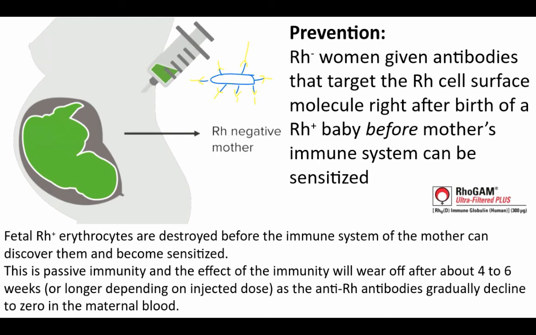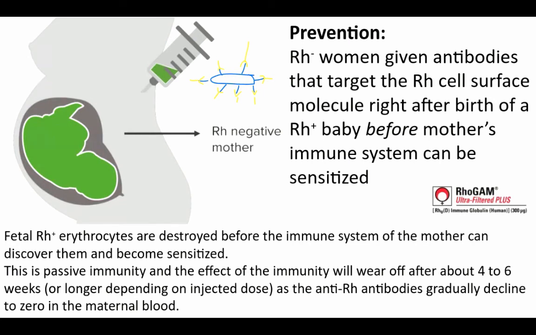So, active immunity means that your body, your own immune system, is producing the antibodies. Right? Your B cells are producing antibodies. Passive immunity is when you are given immunity, in this case, by being given antibodies against Rh.